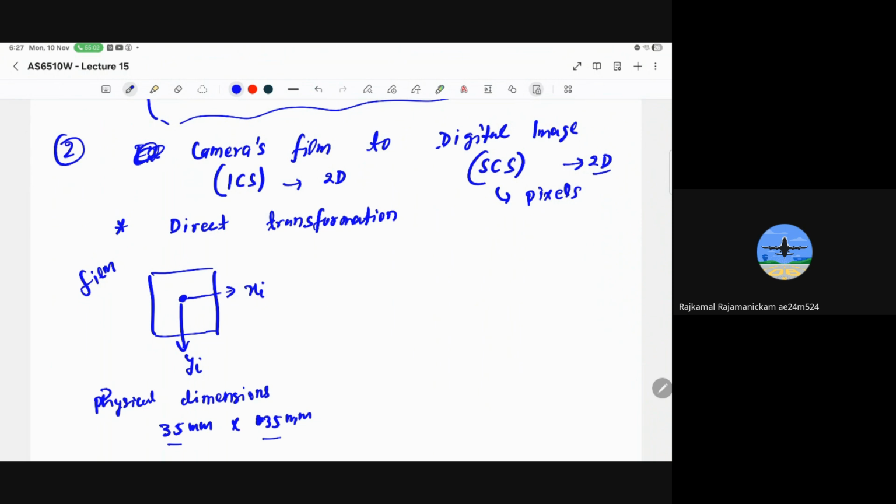Now on this particular film, the light was collected, the image formed, and that image was stored in digital form. This is the digital image, which is the sensor. It will have pixels, so these are your pixels, with pixel coordinates.